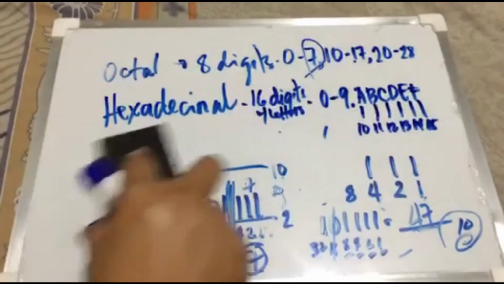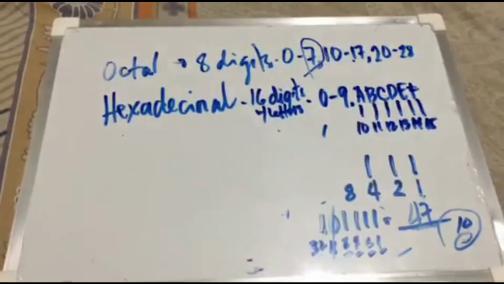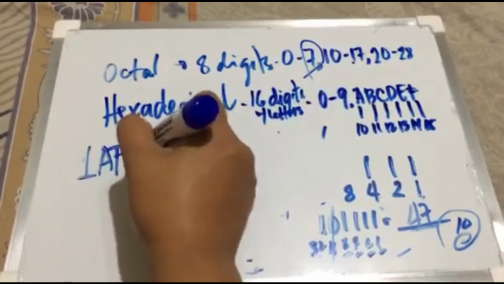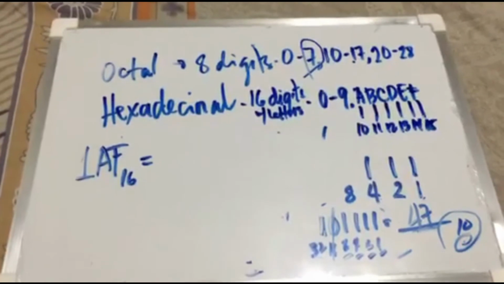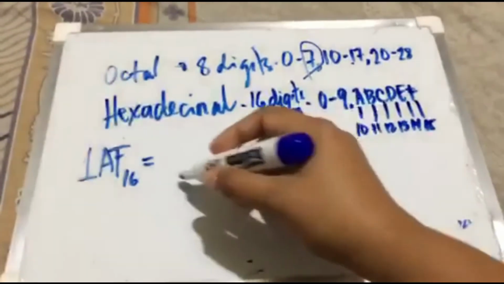For hexadecimal, say for example we have the example 1AF. How are we going to convert it to decimal?